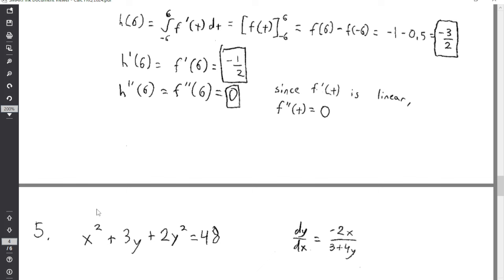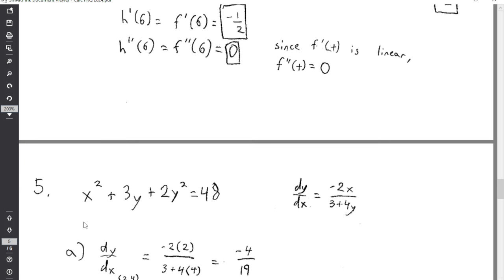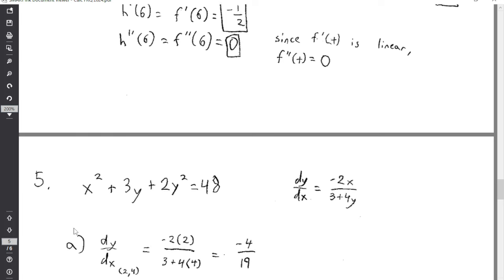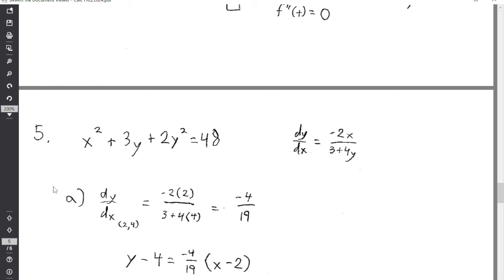So it gives us this function and then gives us dy dx. So we need dy dx, the slope, at that point. We plug in 2 for x, 4 for y, and that's going to give us the slope of that tangent line. And we already know what the point is, the point is at 2, 4. So y minus our y coordinate of 4 equals the slope, which we got from our dy dx, times x minus our x coordinate.